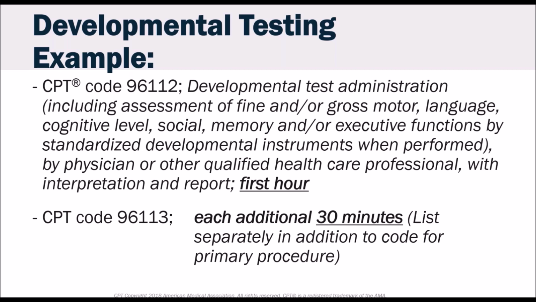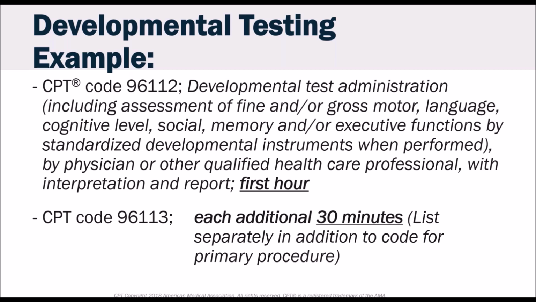In contrast, when the primary referral question is to assess developmental skill acquisition appropriate for age or loss of previously acquired skills or failure to attain expected skills in young children, so you can use 96112 and 113 for the total time spent administering, observing, scoring, and interpreting, and the clinical decision-making related to the entire test battery.